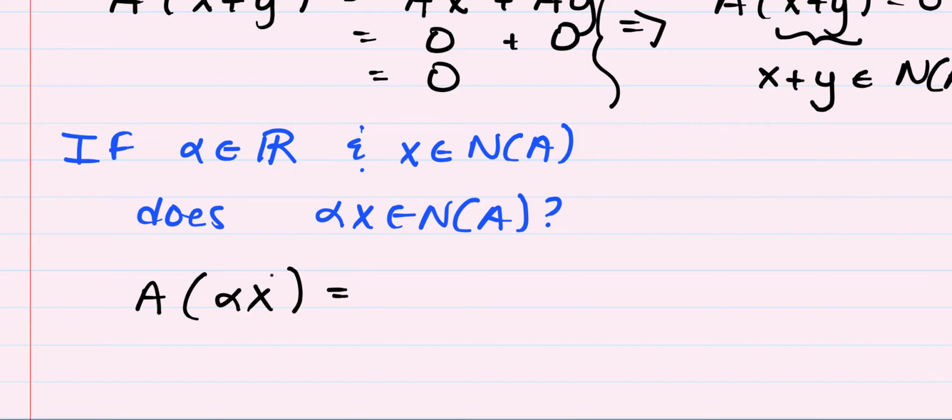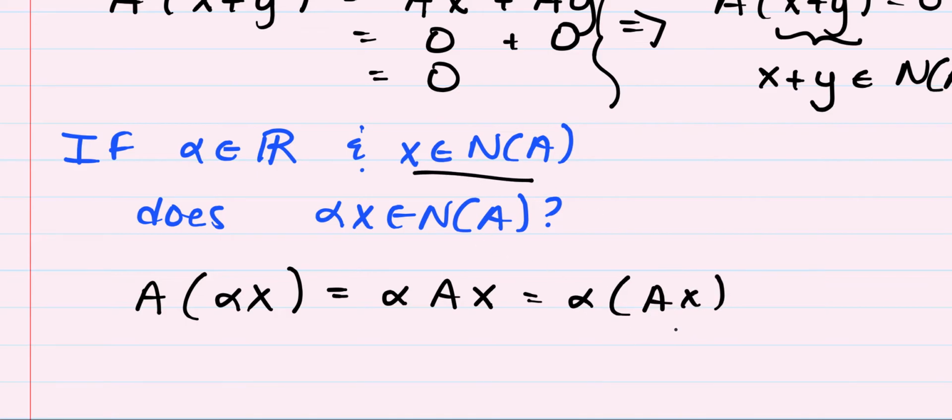Now this is a scalar, this is a matrix, this is a matrix. We can pull this scalar out. This is the same thing as alpha times A times x. But A times x, because x is in the null space, is equal to 0. And any number times 0 is 0.